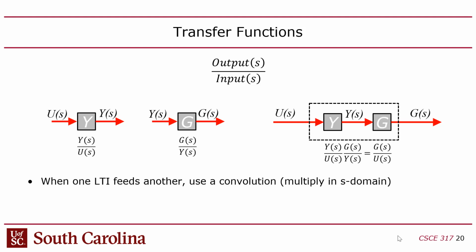Usually the diagrams are simplified, but the point is that you just multiply these when you have an open loop style system where you've got one feeding another. Make sense? Okay.